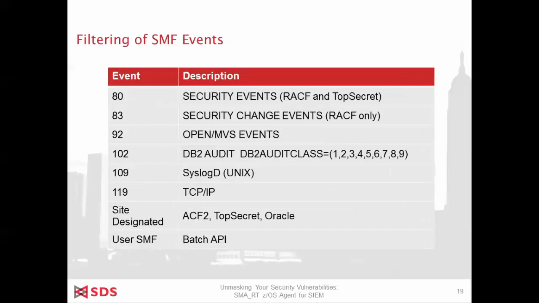Then you have security events, which are SMF 80, SMF 102, which is the DB2 audit classes, 109, these are created by the syslog daemon. Those are TCP/IP server applications and components that use syslogd to write log messages and trace messages. 119, I'm pretty familiar with that because we have a lot of networking products in the STS portfolio, and there's a lot of good information contained in some of those SMF 119 records.